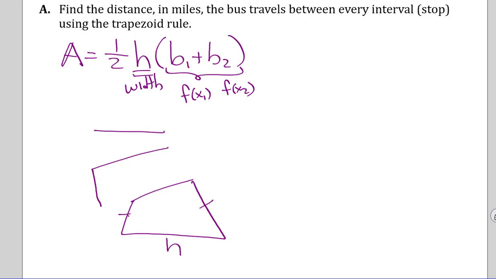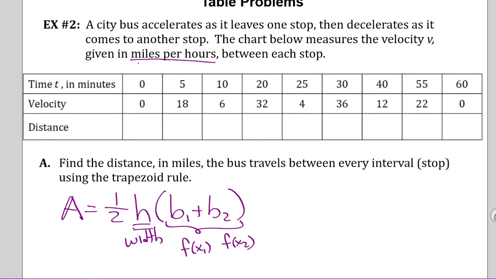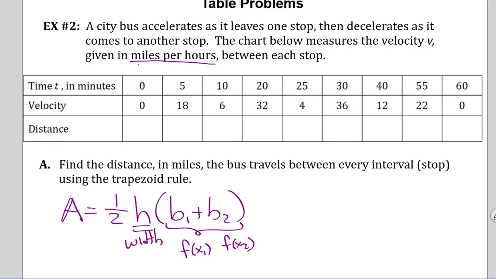All right. Now, when we multiply these things together, well, we're trying to find the distance probably in miles, right? So when I multiply this, my width, if I'm taking it from these times, is in minutes.